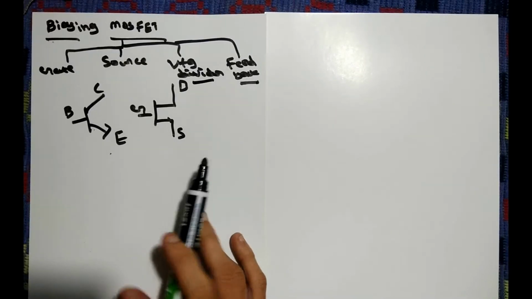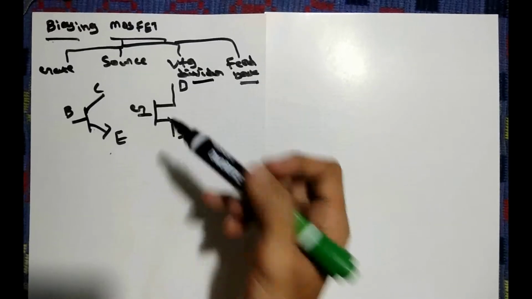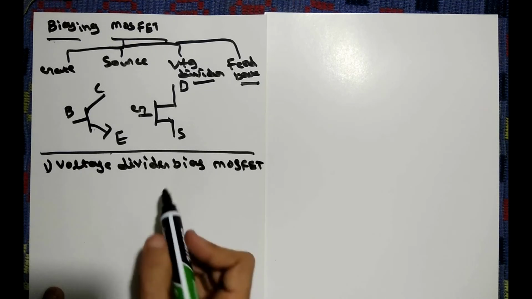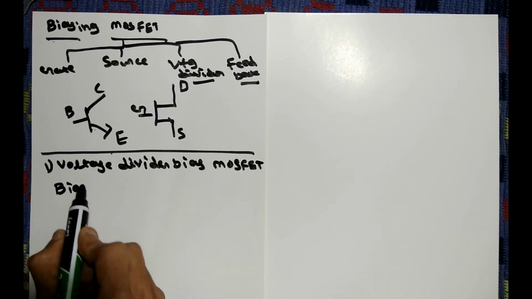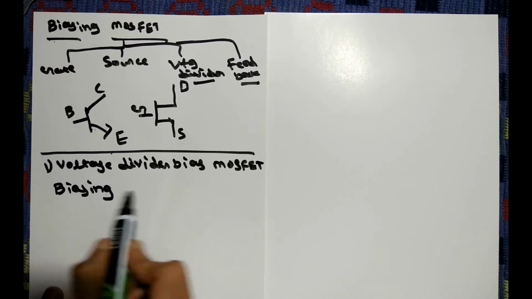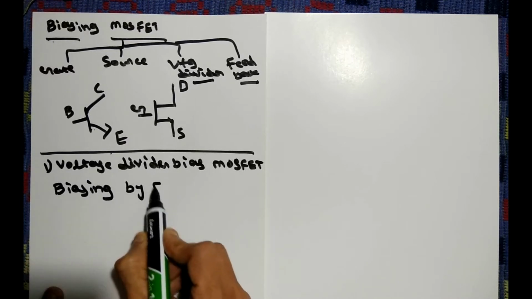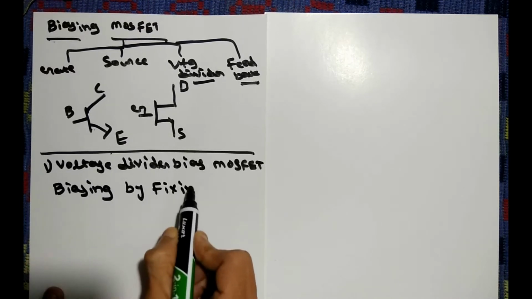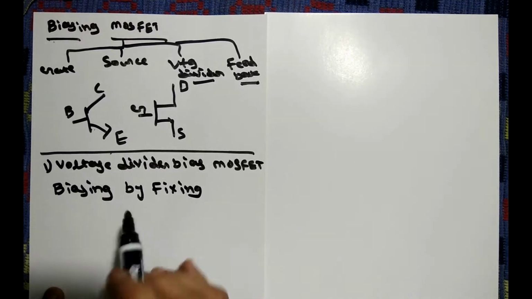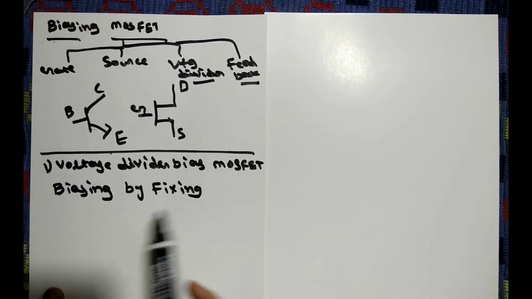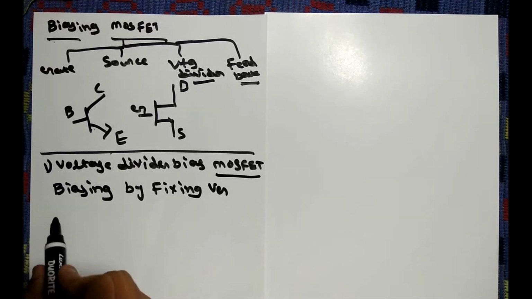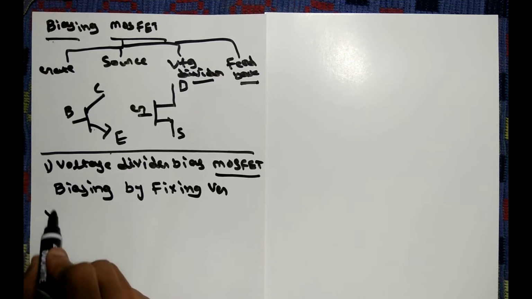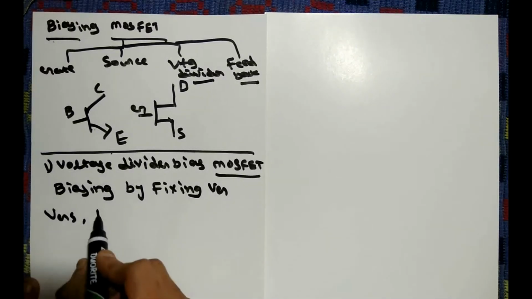So what happens in the voltage divider bias, and what happens in the feedback? Voltage divider bias for the MOSFET can also be written as biasing by fixing VG. Here VG is the gate voltage, and we can fix that gate voltage to make the biasing. In the MOSFET, the biasing actually depends on 2 things: VGS and ID.